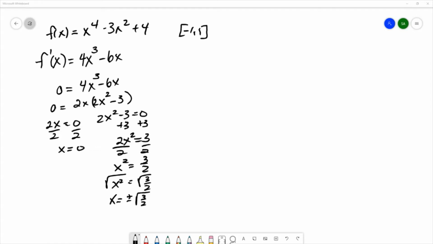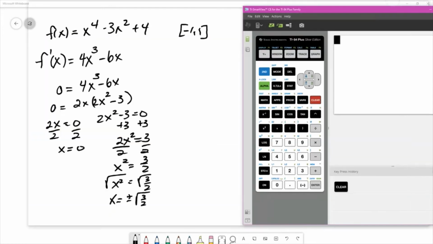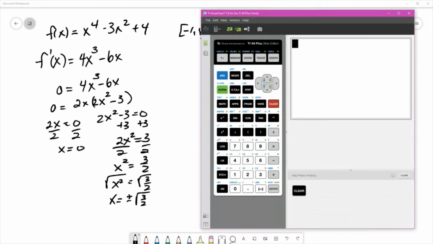And by the way, when you find critical numbers, you're looking for when the derivative is equal to 0 or undefined. Since our derivative is a polynomial, it's not going to be undefined for any value. So we've got all the critical numbers. But now I'm just checking to see if these critical numbers are in the interval.